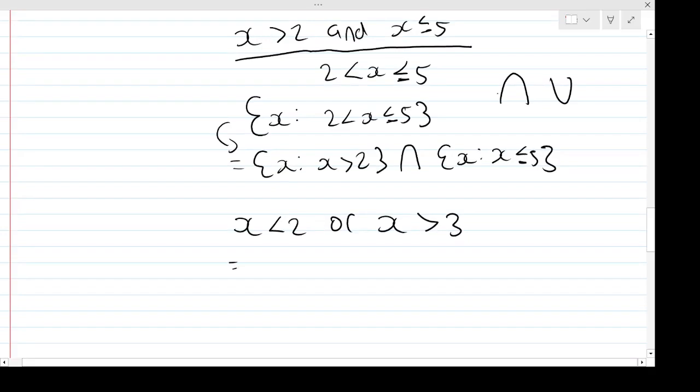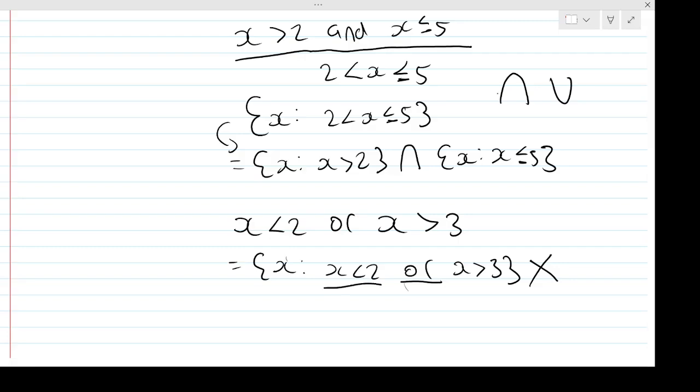What you cannot say is, well, we could say the values of x such as x less than 2 or x greater than 3. We cannot say that because ideally you shouldn't have any words in your sets, right? There should be no words. It should all just be symbols, mathematical symbols, right?